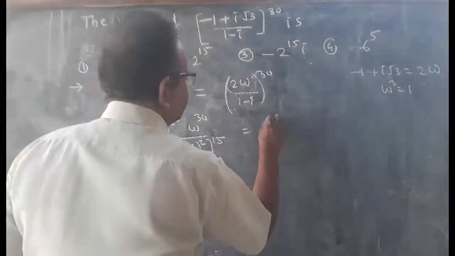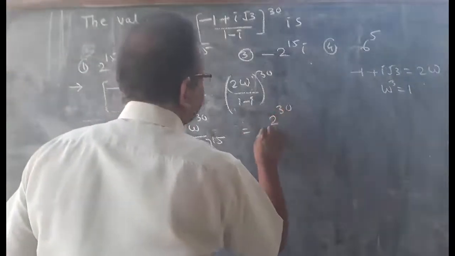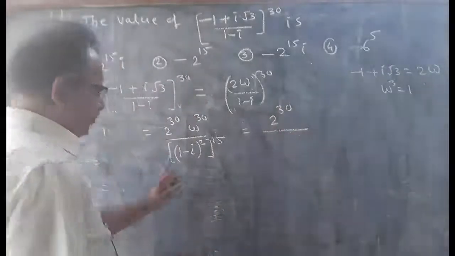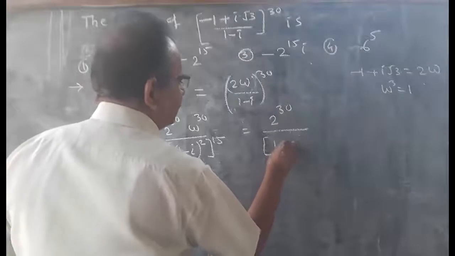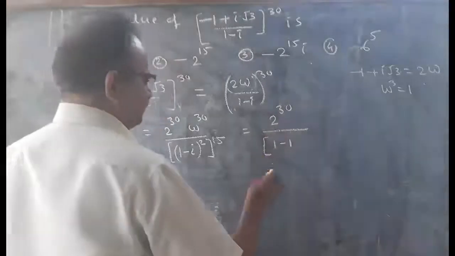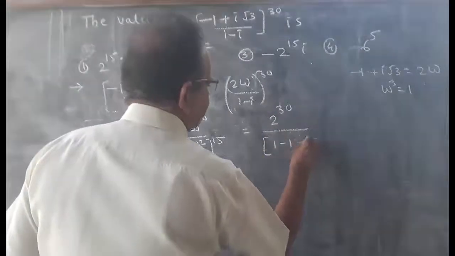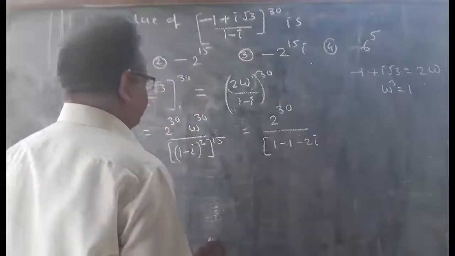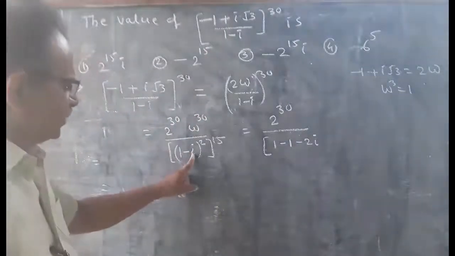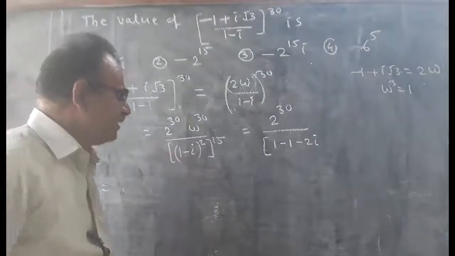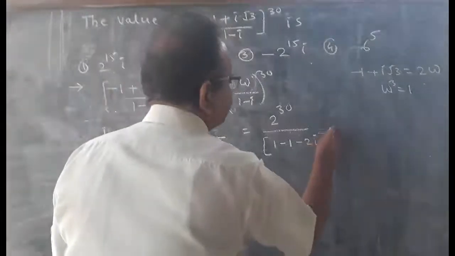This can be written as 2 raised to 30 divided by 1 minus i square, which is nothing but 1 plus i square, that is minus 1, minus 2i. 1 plus i square minus 2i raised to 15.